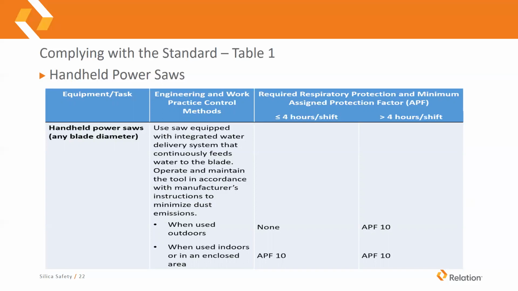But if you're using it outdoors for more than 4 hours, you have to wear a respirator with an APF of 10. When it's used indoors or in an enclosed area, you always have to use a respirator. So outdoors, 4 hours or less, no respirator. Indoors, you have to always wear a respirator.